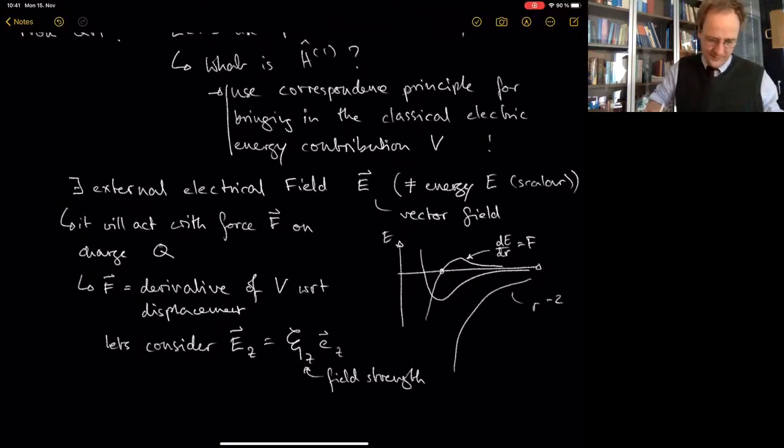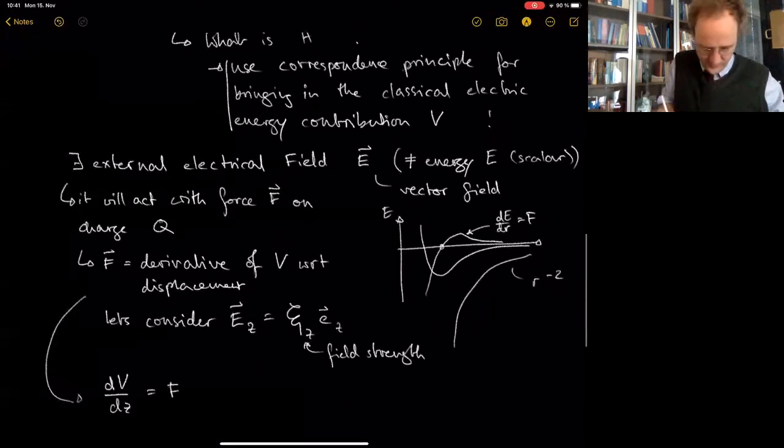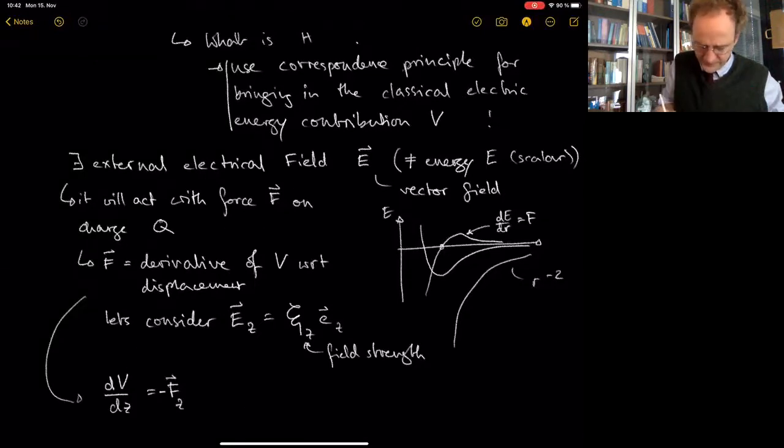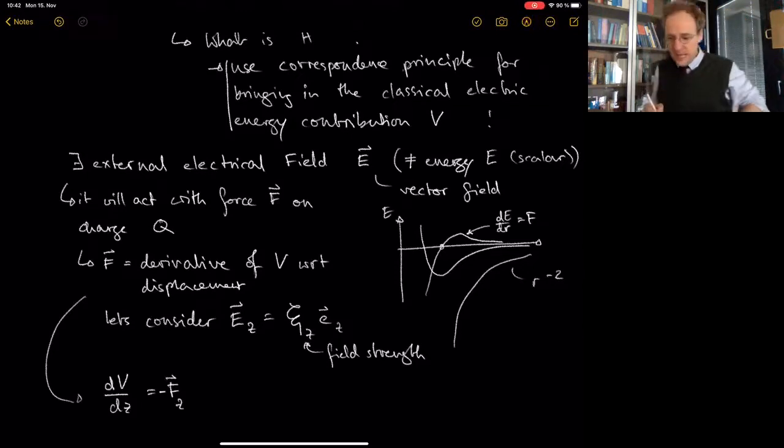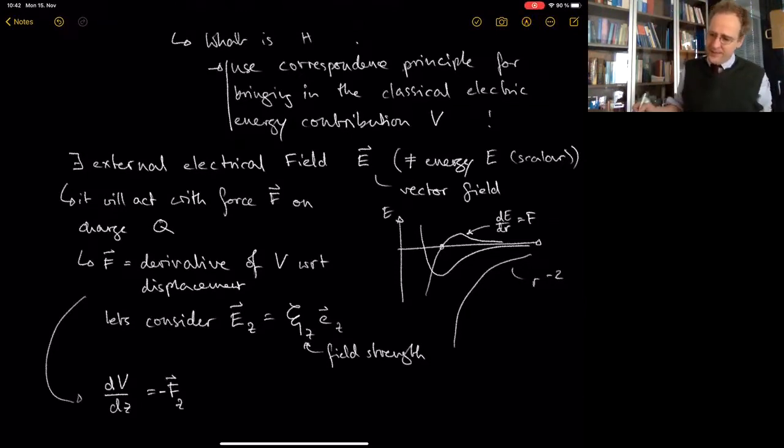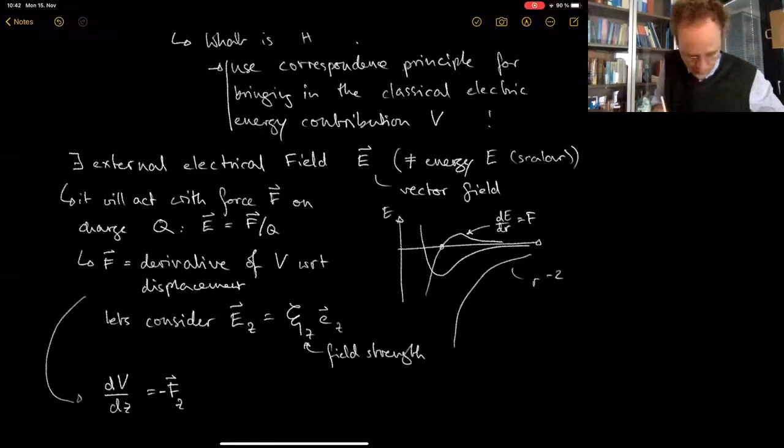Then our derivative would be dV dZ. This must be the electrical force. Now, by convention, we gave it a negative sign in the Z dimension. And now we also know that the external field is the force over Q, so that comes from E equals F over Q. So if we know F, then this must equal Q times E, so minus E_Z times Q.